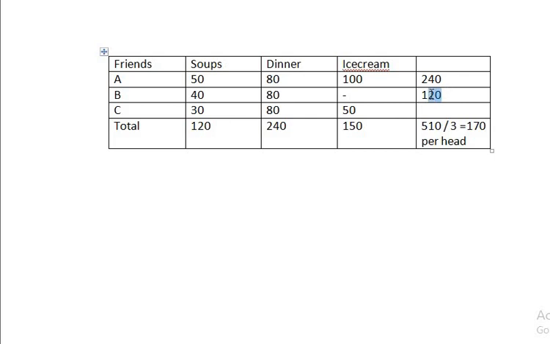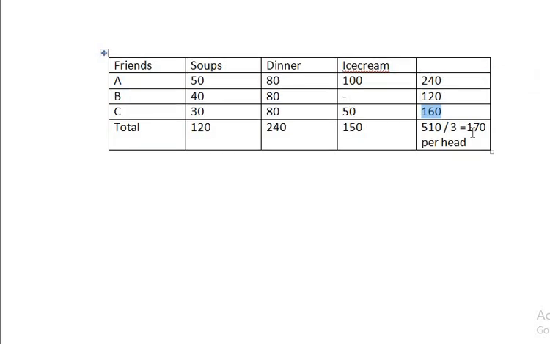Now come to Mr. C. 30 plus 80 plus 50, 160. So for C, 160, and he is okay with that price because the difference is only 10 rupees. So there is no issue for Mr. C.